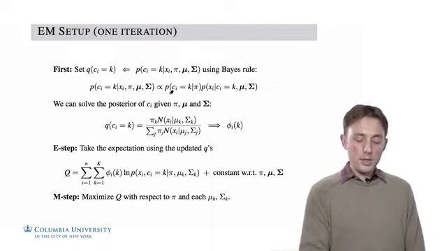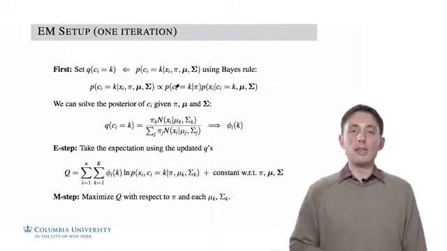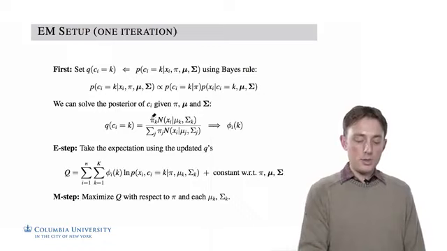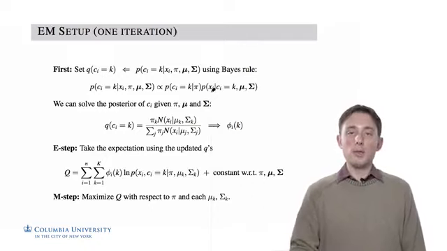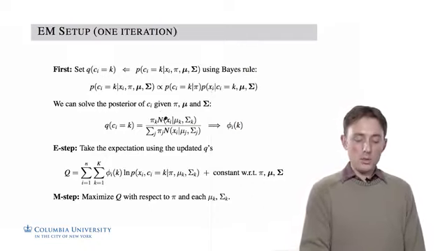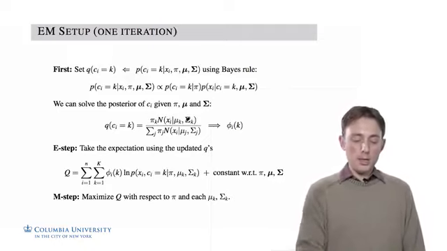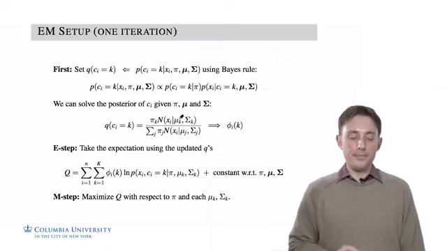The prior probability of assigning a data point to cluster k is just equal to pi k, and the likelihood of the ith observation coming from cluster k is a Gaussian, where we evaluate the likelihood of xi given the mean and covariance of the kth cluster.